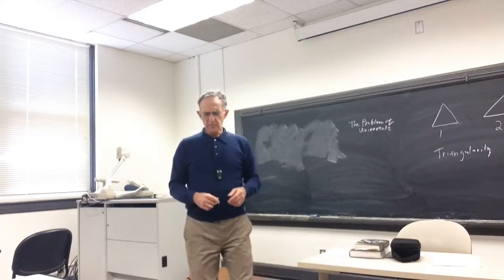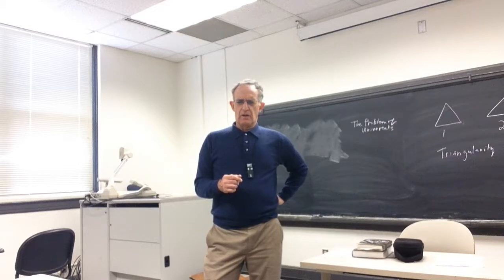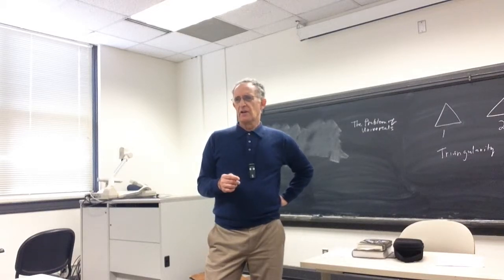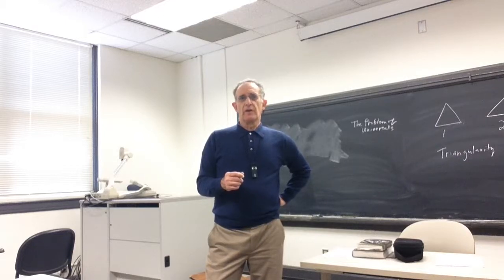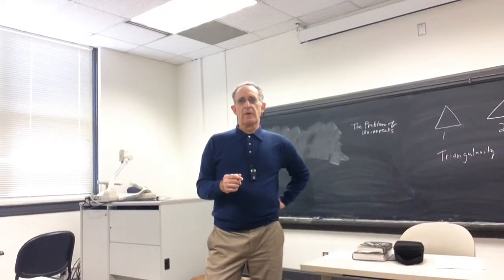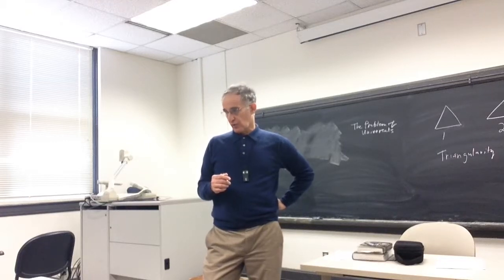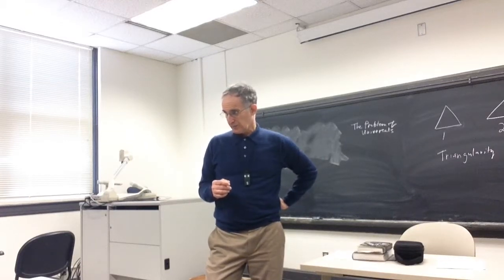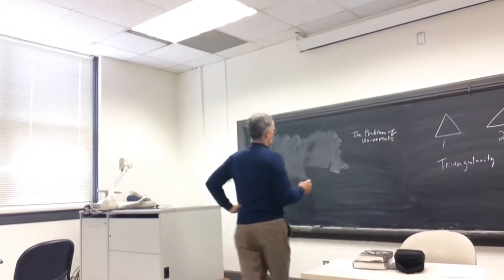So there's been a lot of controversy about universals and whether they should be posited or postulated to exist in addition to concrete particulars. So there are some different views.